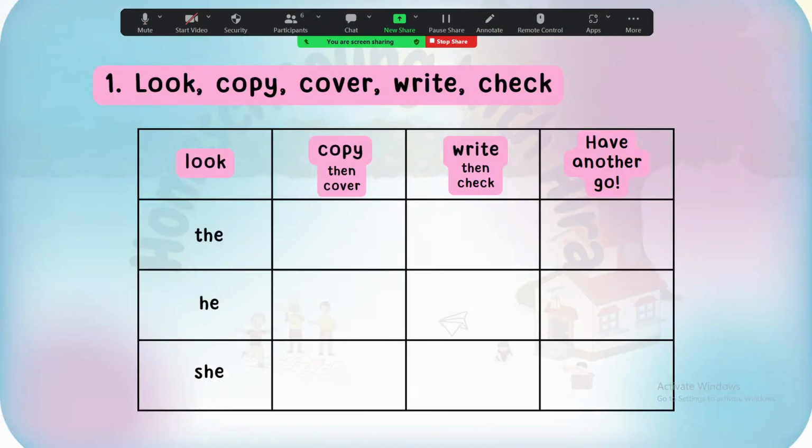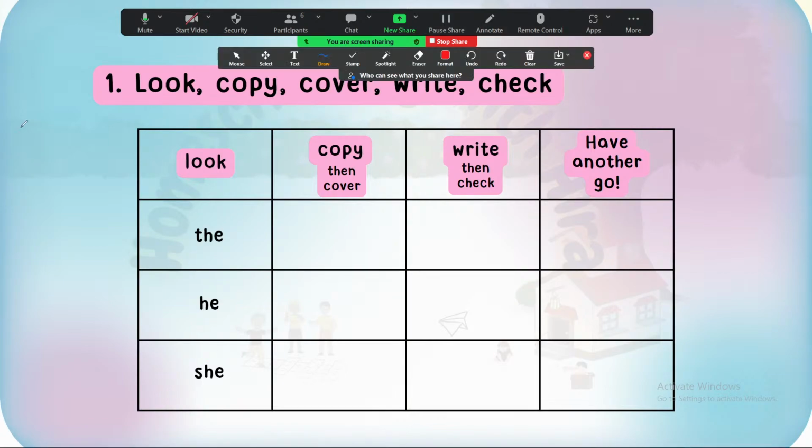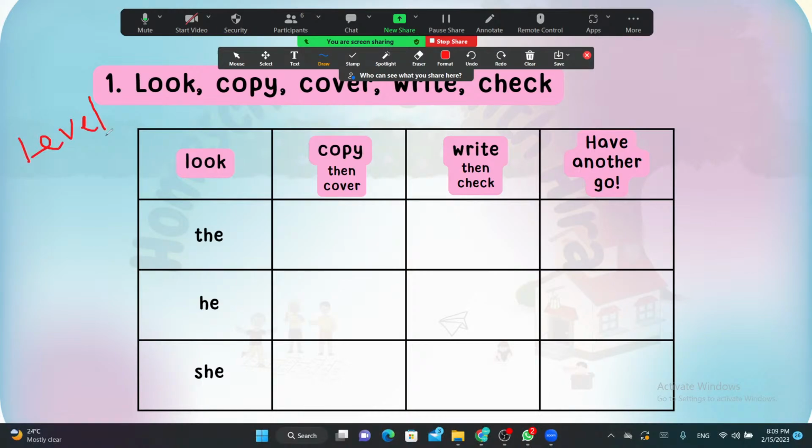The first method to learn tricky words like the, he, she. Now we are talking about the Jolly Phonics level 1 tricky word list. Okay, in level 1 we give 12 tricky words. At the end, when we are finished with the 42 sounds, then we give these 12 tricky words to kids. And you will find some graphs there, or you can just make these graphs for your kids and make them do this activity.